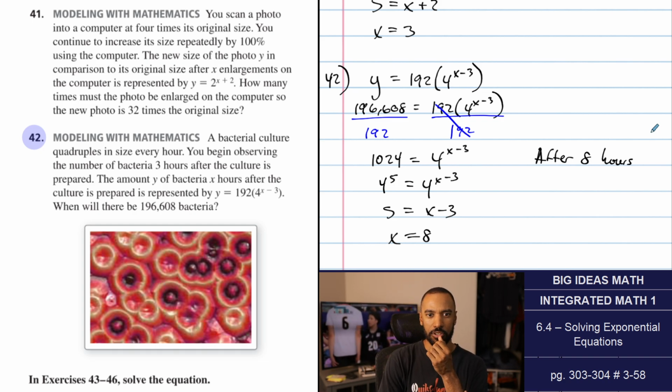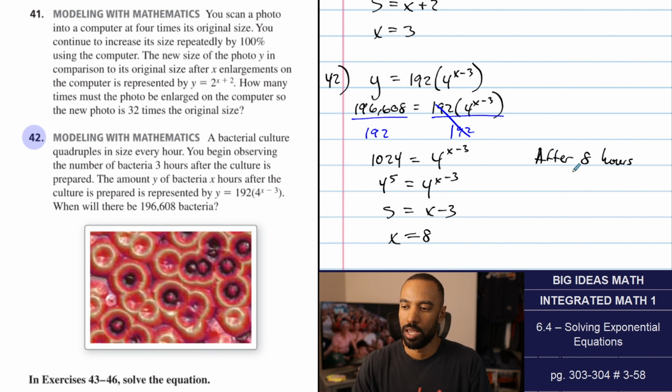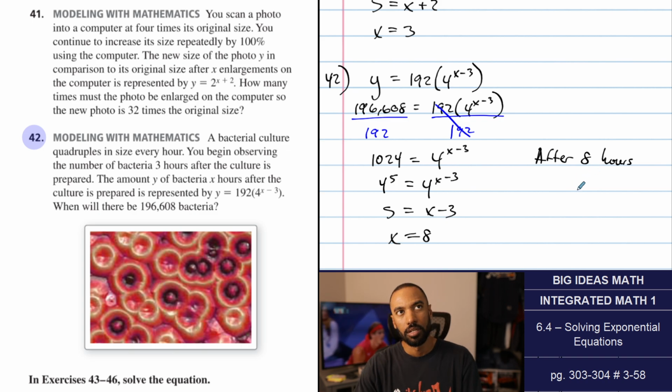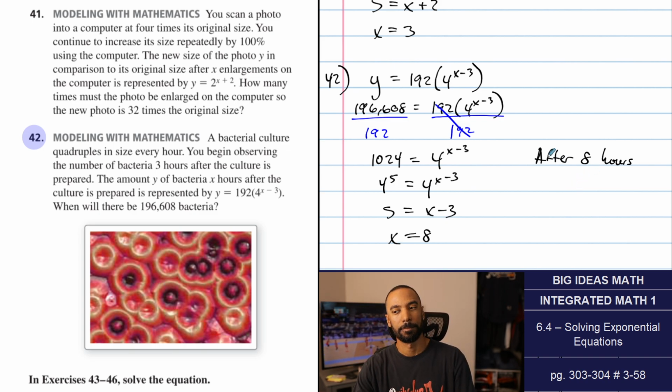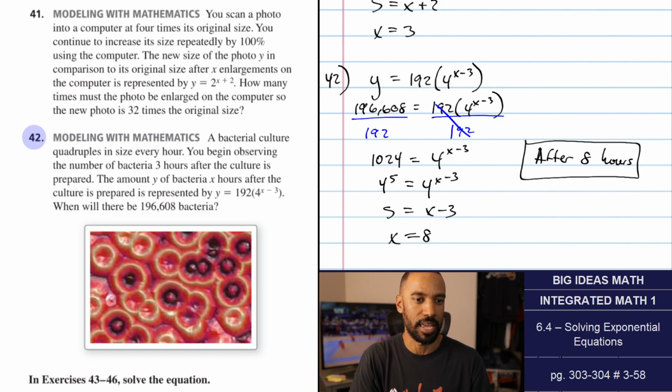Let's see, 3 hours after the culture is prepared. After 8 hours of you observing, I think it's just after 8 hours. I don't think you add 3 to it. I think it's just after 8 hours that we stayed there.